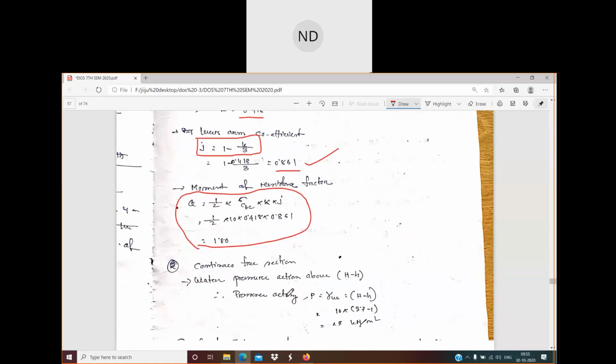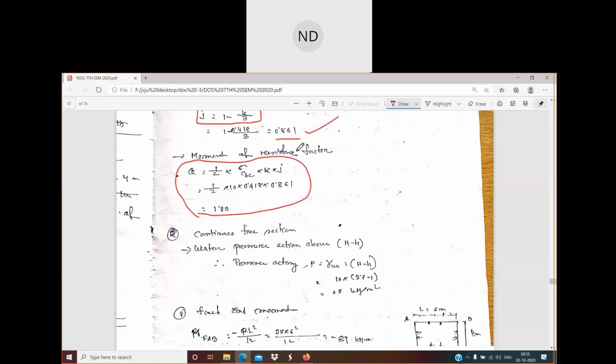Now you see we have calculated the values here for M30: sigma cbc, sigma st. Now what we'll do is check the continuous frame action first. Why are we checking that?